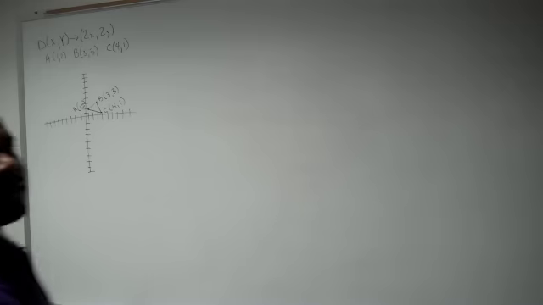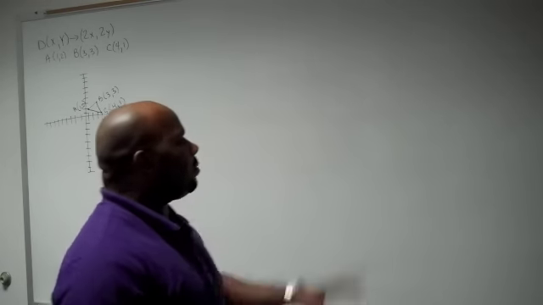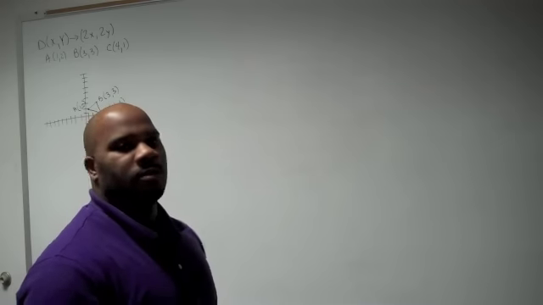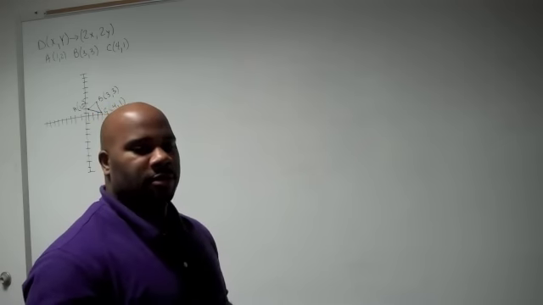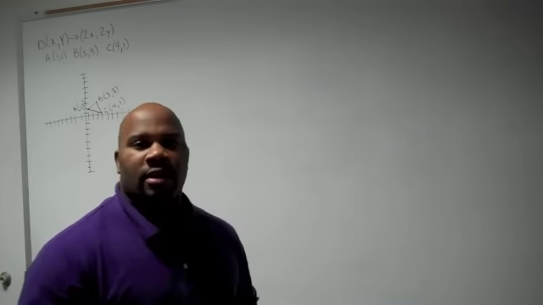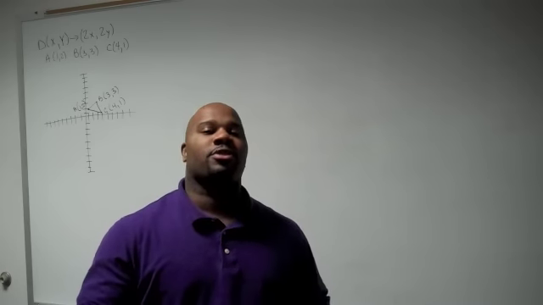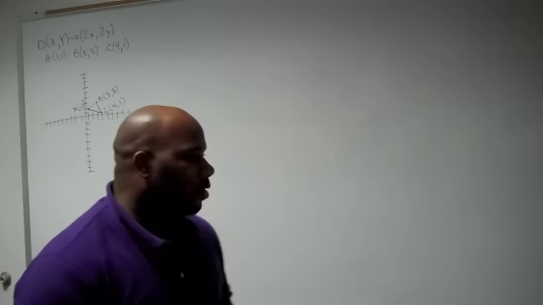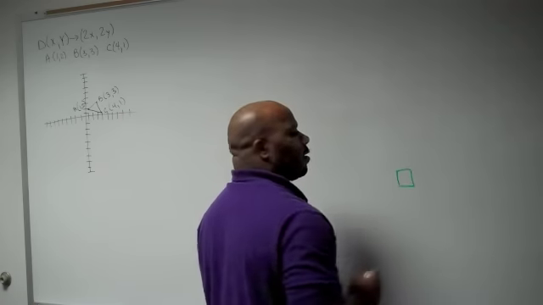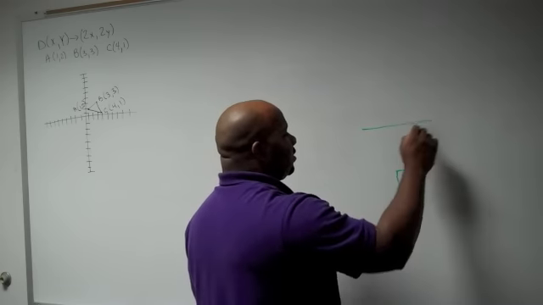Hi class, continuing from what I just talked about with the similar figures and the quadrilateral, we're going to move on to what we're doing tomorrow. Tomorrow we'll be working with dilations, which either shrink or stretch a figure. So if we have something that looks like this and we stretch it, it's going to look like this.